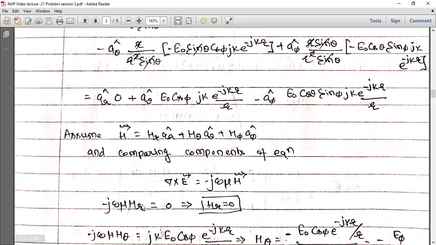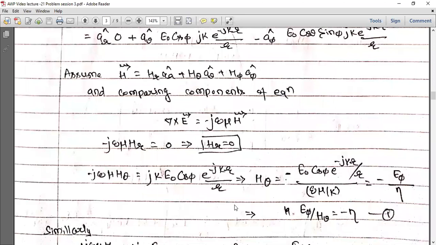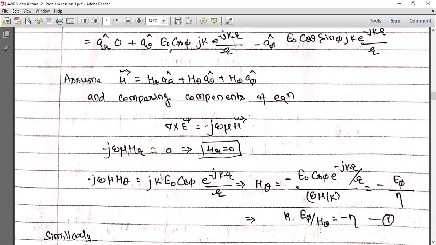So the radial component on the left hand side is equal to minus jωμH_r, and on the right hand side it is equal to 0, which gives you that the radial component of the magnetic field phasor is 0. Similarly, when you compare the theta component, the left side is minus jωμH_θ, and that of ∇×E is given by this expression E0 cos φ jk e^(-jkr)/r.